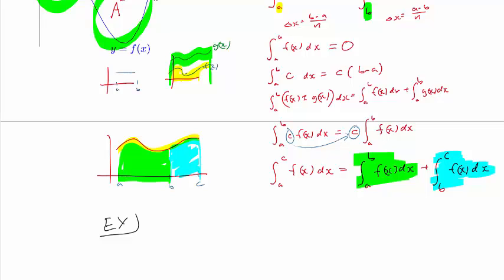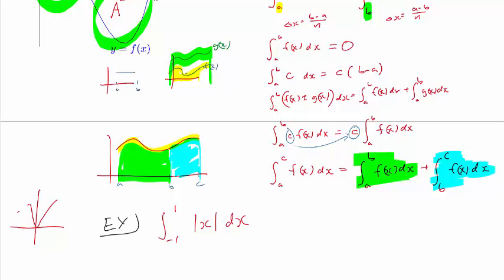And so for this example, we want to know what is the integral from -1 to 1 of the absolute value of x dx. Well, so you want to break this up, right? Because absolute value looks like that. The equation, if you are less than 0, is -x. If you're greater than 0, you're x.